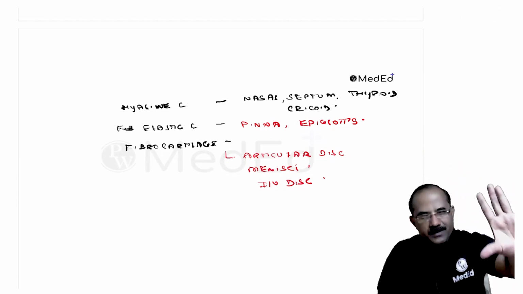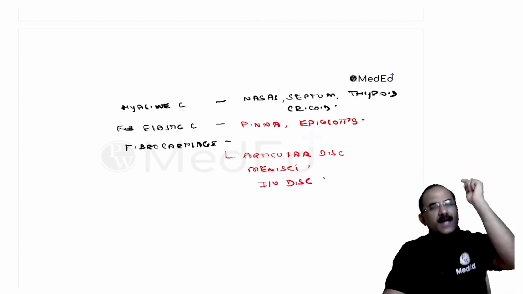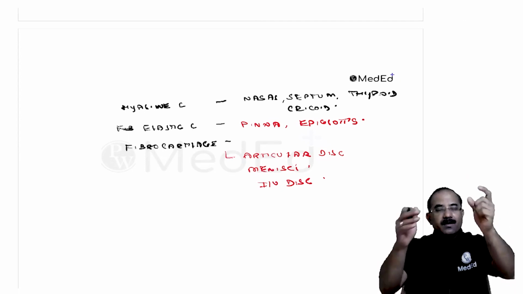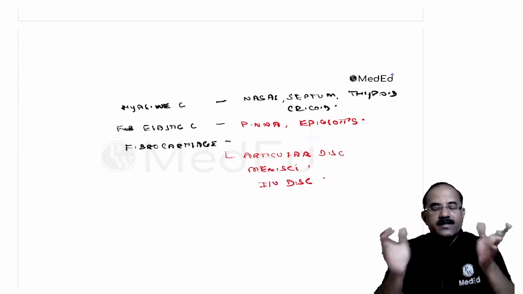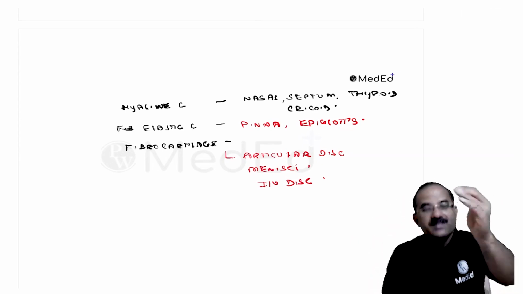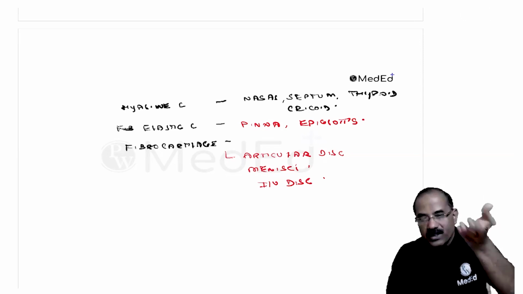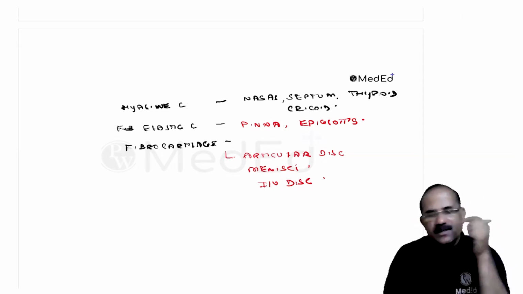Now we have three types of cartilage: hyaline cartilage, elastic cartilage, and white fibrocartilage. Can anyone tell me the largest size of chondrocytes? Largest size of chondrocytes are found in which of these three cartilages? That's very important.